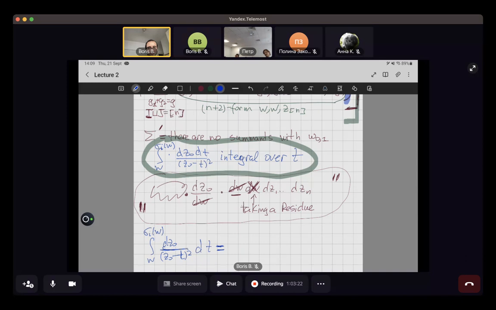Let's wait. And we will see that it does not depend on the contour, right? So it does not depend on the path from W to sigma I of W, and that's why it's well defined.